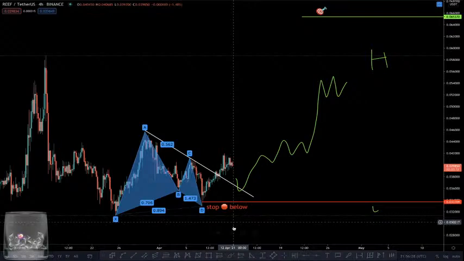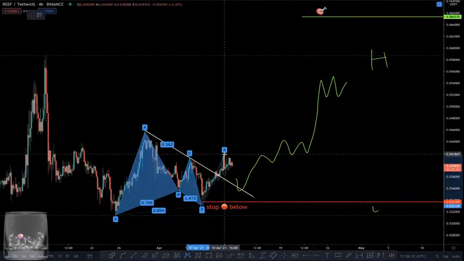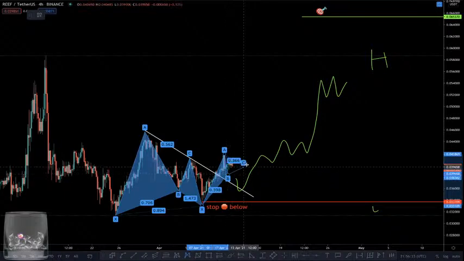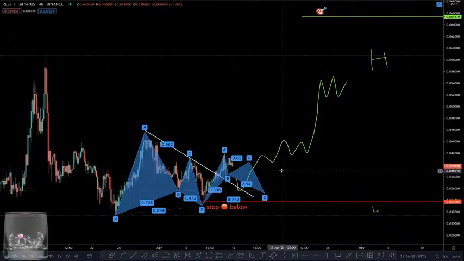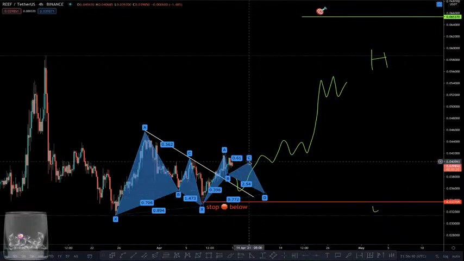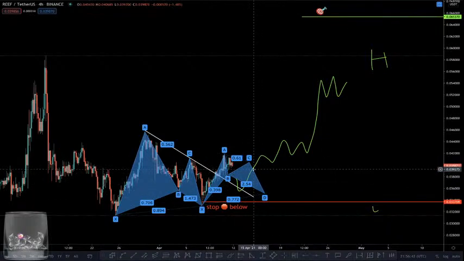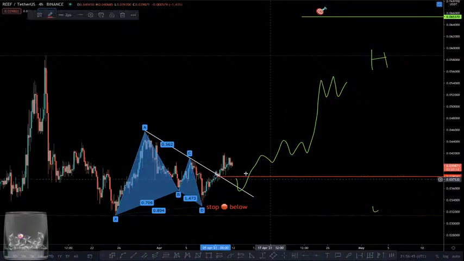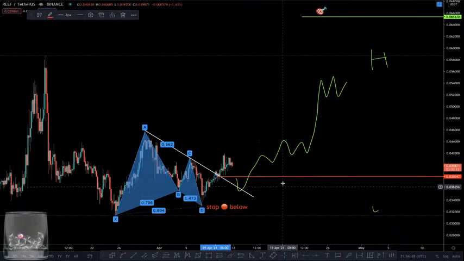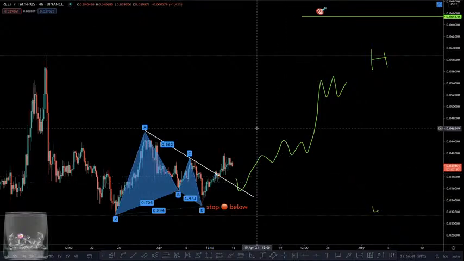But this could still make some kind of backtest, you know what I mean? You could still go X, A, B, C, D and have some kind of backtest. So you got to be careful here having a stop too tight on Reef, because if your stop is up here, for example, that little harmonic would have got you, right? So watch out.